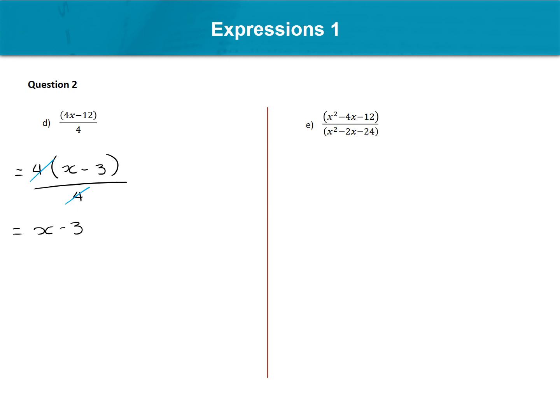Moving on to E, you have two quadratic equations, which means we need to factorize these into their respective brackets before we're able to cancel anything. So x squared minus 4x minus 12, what factors of 12 when added or subtracted will give us 4? That's 6 and 2.